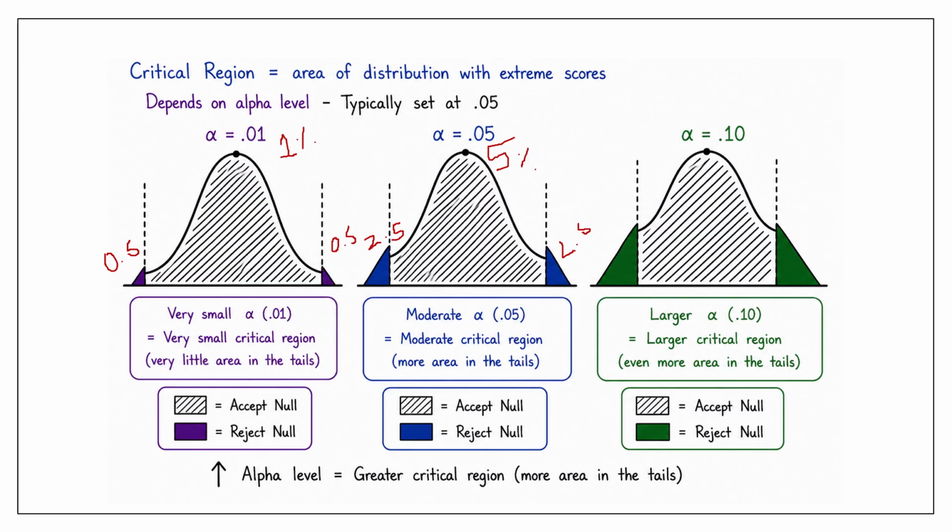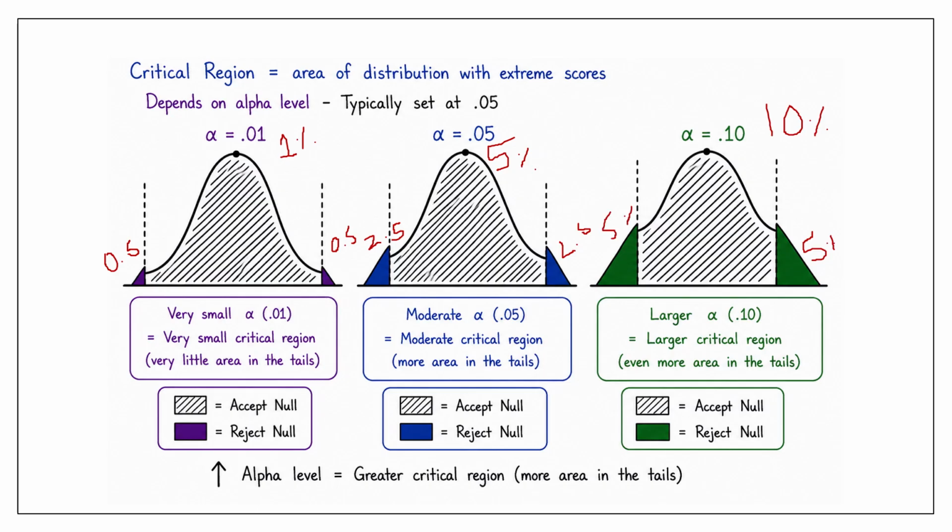And then on the last distribution, we have an alpha of 0.10, which represents 10% of the scores. So we're saying that 10% of the scores is what we consider extreme. So we have 5% here, and then 5% on the other side.